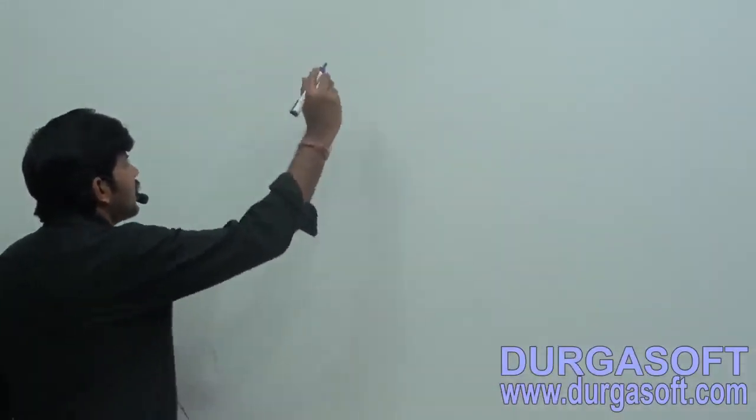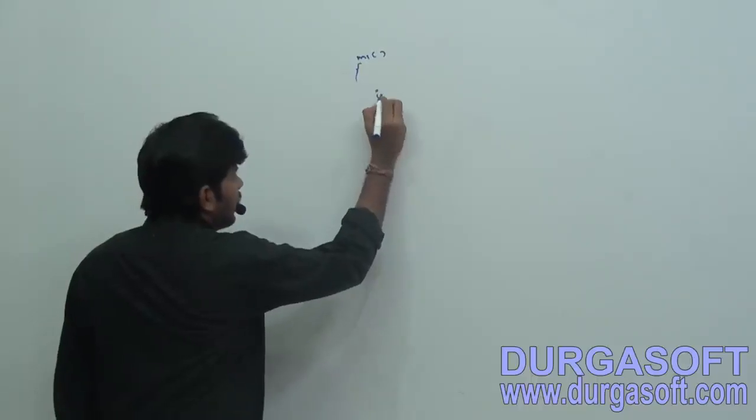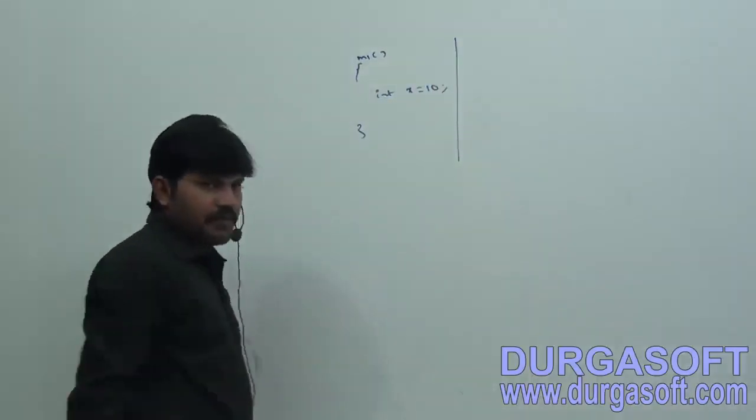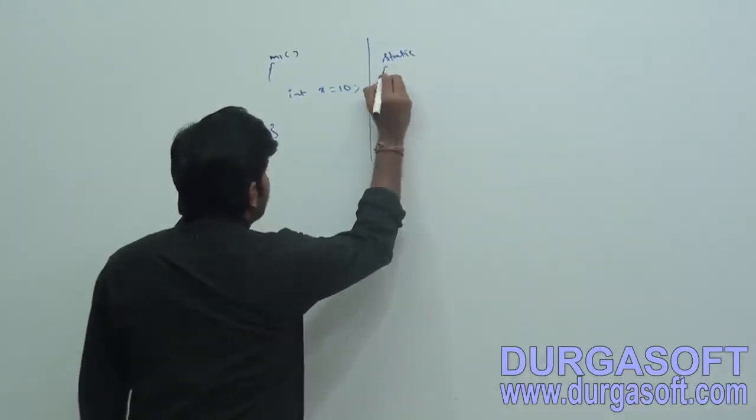Okay, here just observe, sometimes based on programmer requirement, we have to declare variables inside a method, correct or not?